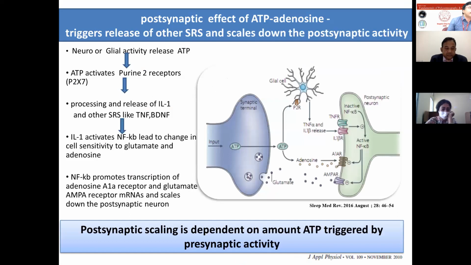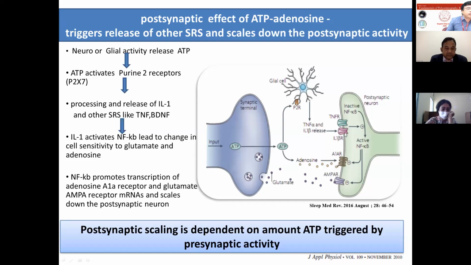But when it comes to the postsynaptic activity, it will be a cascade of events that happens at the postsynaptic level. Even when adenosine gets accumulated through the interaction between the neuron and glia, ATP is also generated. The accumulation of ATP at the synapse acts on the glial purinergic receptors, and in turn it will release cytokines, especially tumor necrosis factor alpha and interleukin beta.